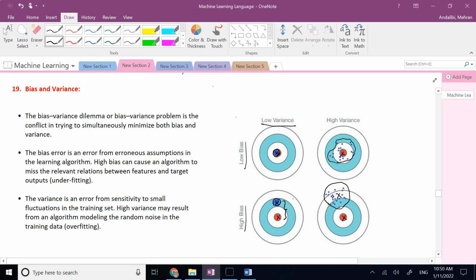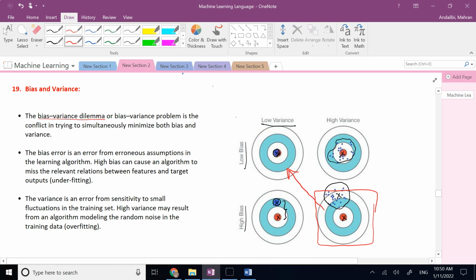The matter of fact is, in machine learning, you cannot reduce the bias and reduce the variance both at the same time. So you cannot directly go from here to here. If this is what you have in the beginning, you cannot just reduce bias and variance at the same time. And that is called the bias variance dilemma or problem.